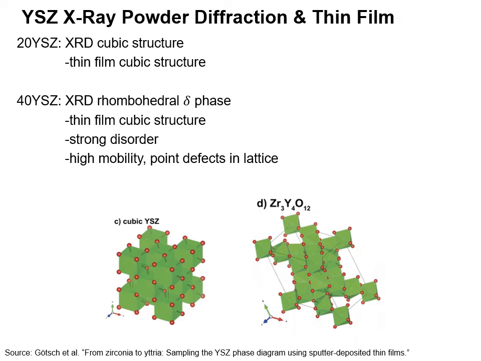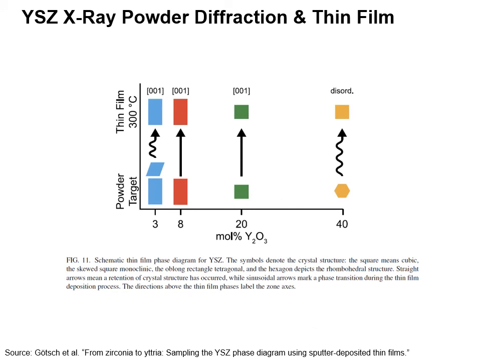For the 40% is where it was interesting. You see your rhombohedral delta phase. It does a phase change from cubic structure. This is due to point defects in the lattice. It does create a high mobility in the lattice, and that's why it creates such a drastic structure change. Here's a summary.